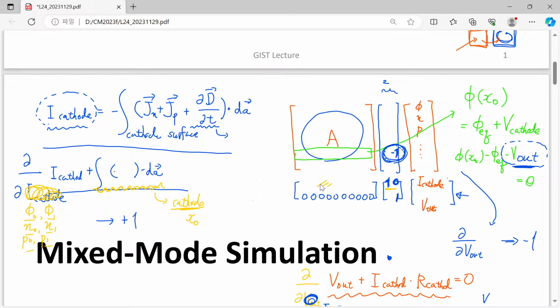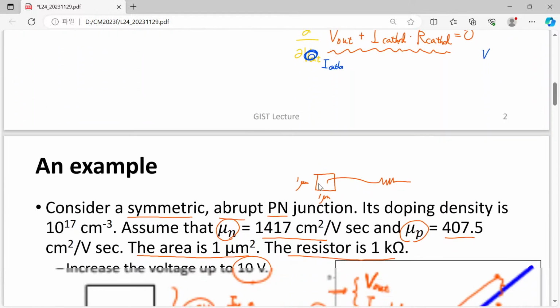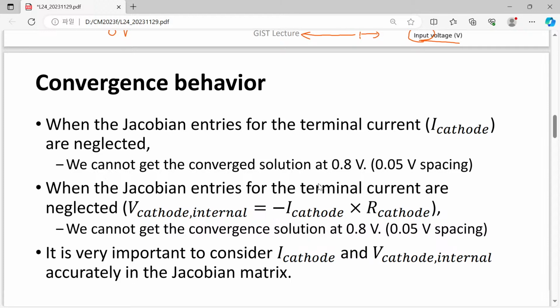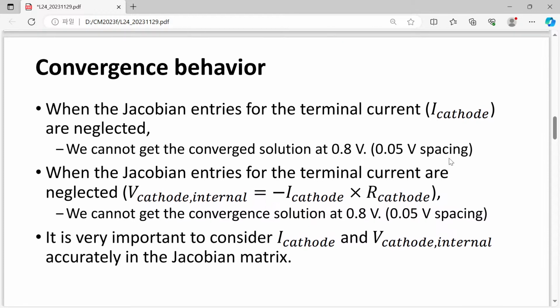Now the current is not exactly correctly calculated inside the Jacobian matrix. Then what will happen? The answer is quite easy. I use quite a small voltage spacing, 0.05 spacing, so this is fine enough. However, we cannot get the converged solution at 0.8 volt.